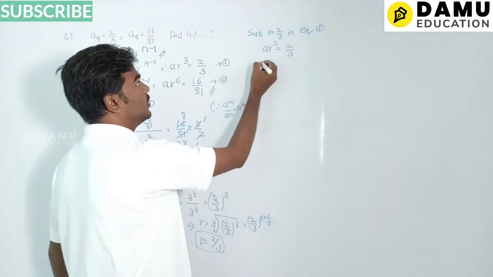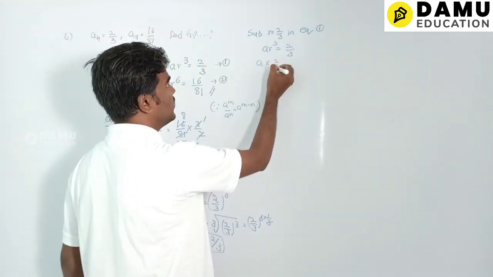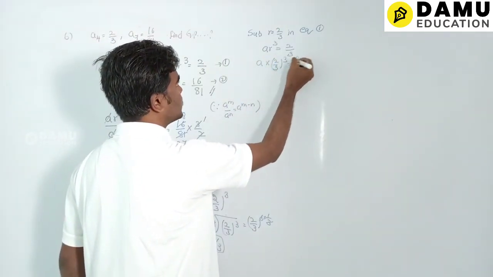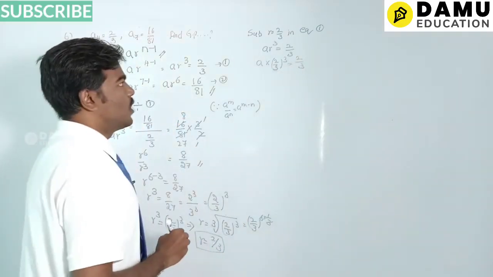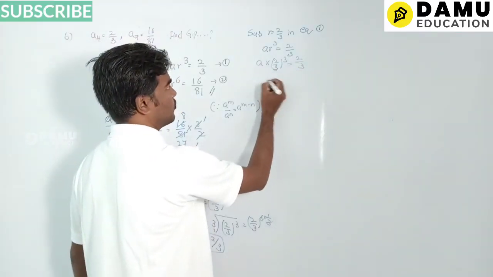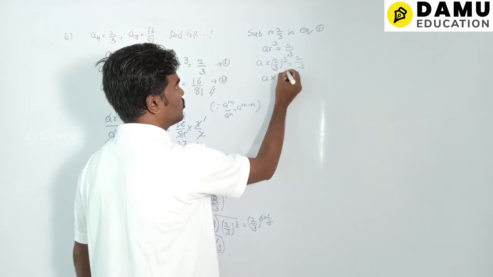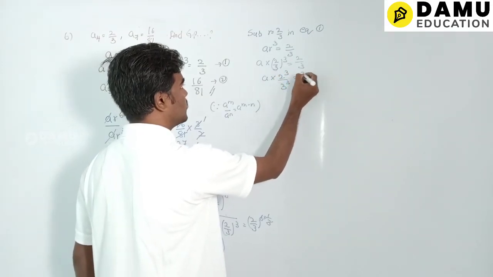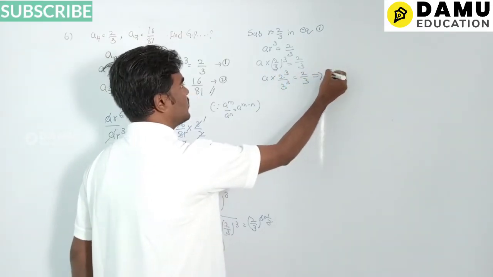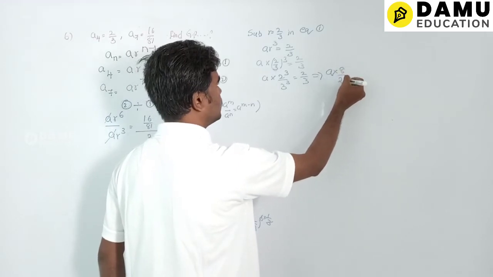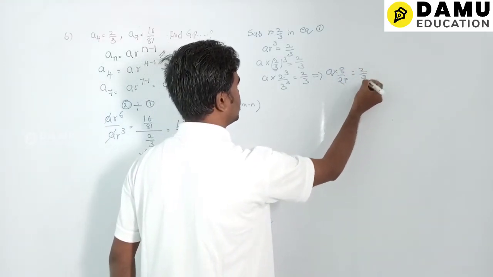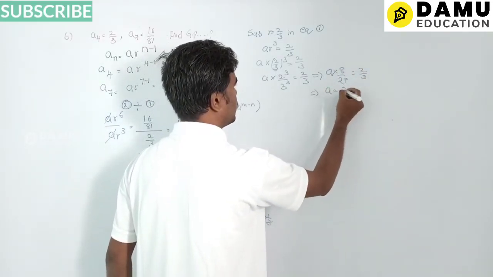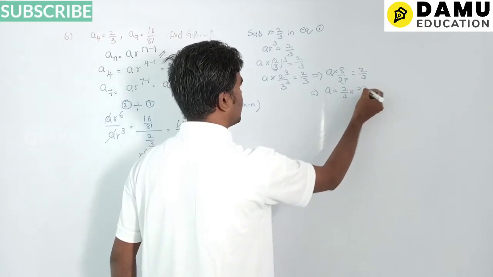So a into 2 by 3 whole cube equals 2 by 3. That is a into 2 cube by 3 cube equals 2 by 3. That implies a into 8 by 27 will be equal to 2 by 3. That implies a will be equal to 2 by 3 into 27 by 8.